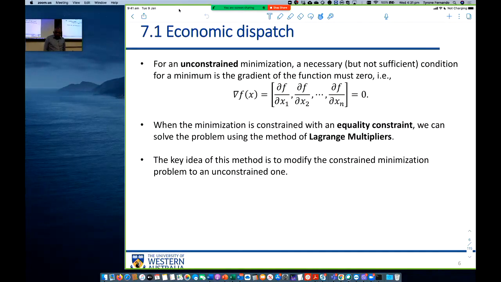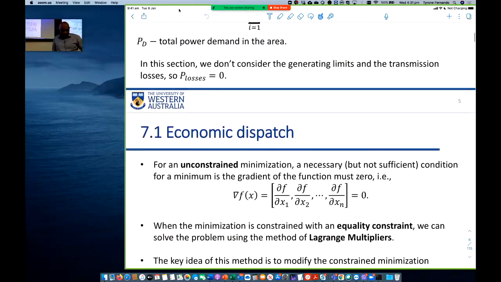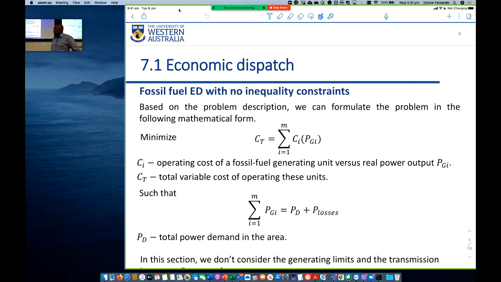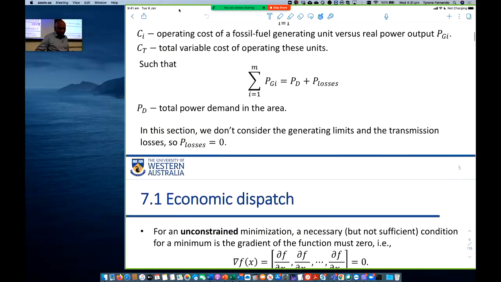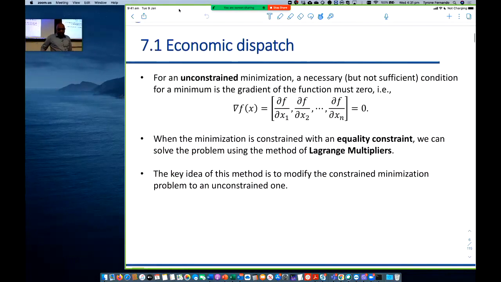So we have a function that we want to minimize, which is CT, the total cost, and we have a constraint. The constraint is that the generation must equal the load. Let's look at it mathematically, starting with unconstrained optimization. Let's say f is a function of x1 and x2, the function we want to minimize.